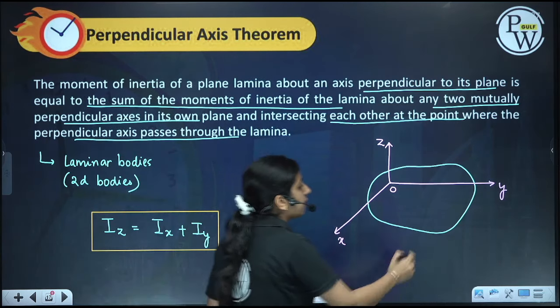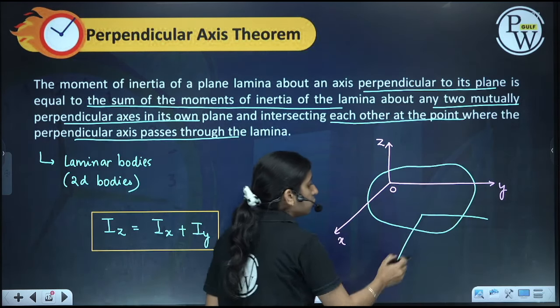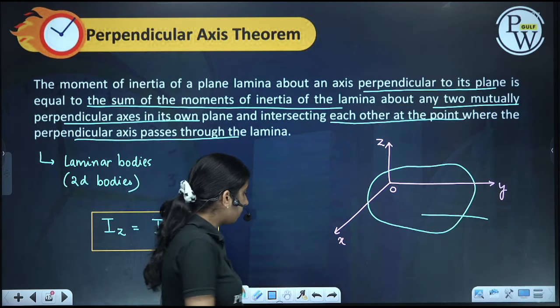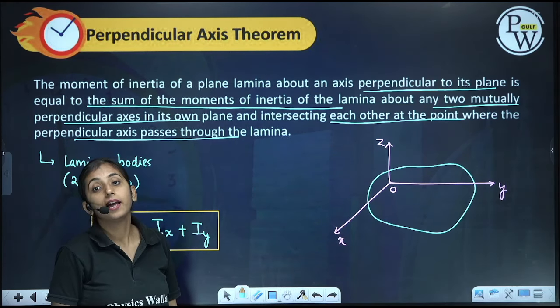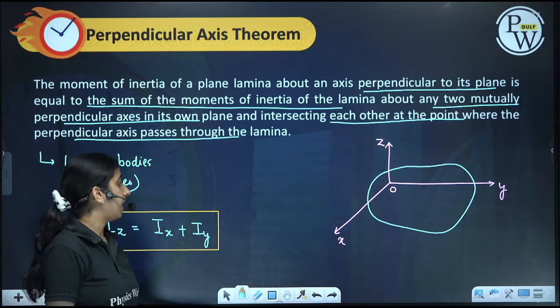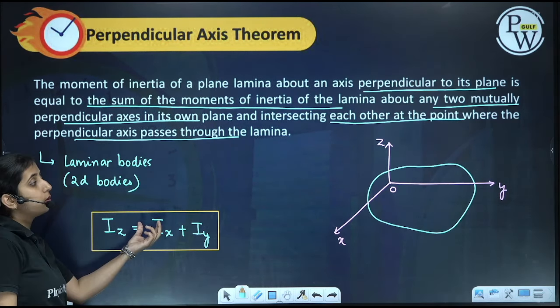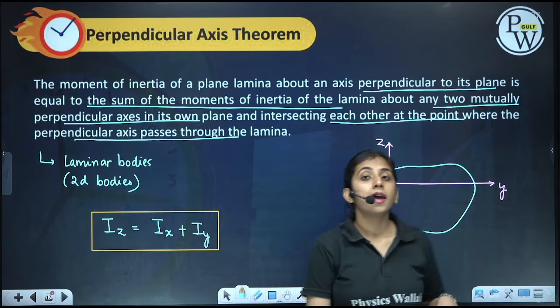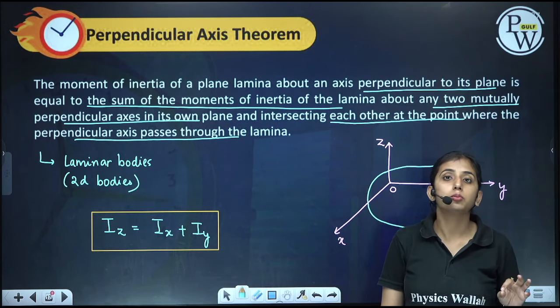You cannot take these mutually perpendicular axes over here. They must intersect at the point where the perpendicular axis is passing through the lamina. So Iz will be equal to Ix plus Iy. This is the perpendicular axis theorem and it is only applicable to laminar bodies.